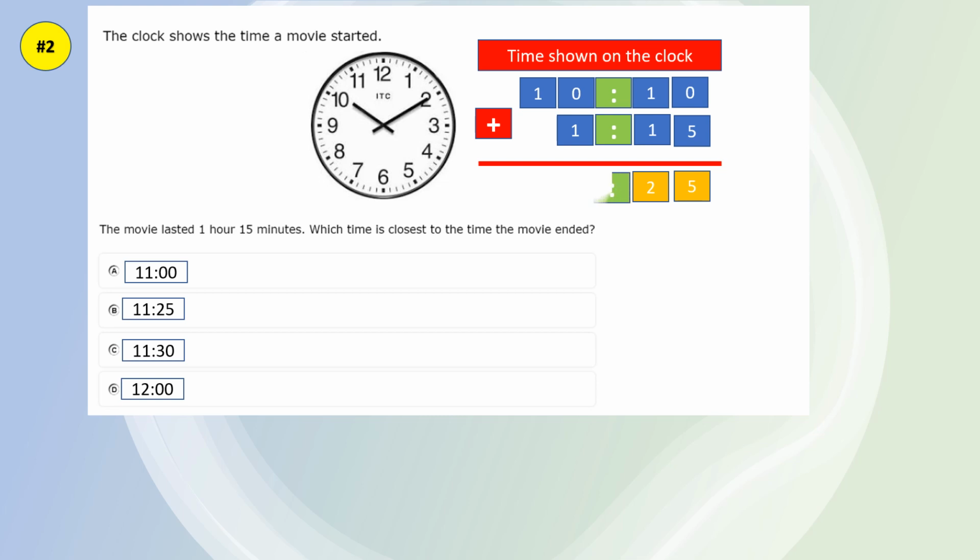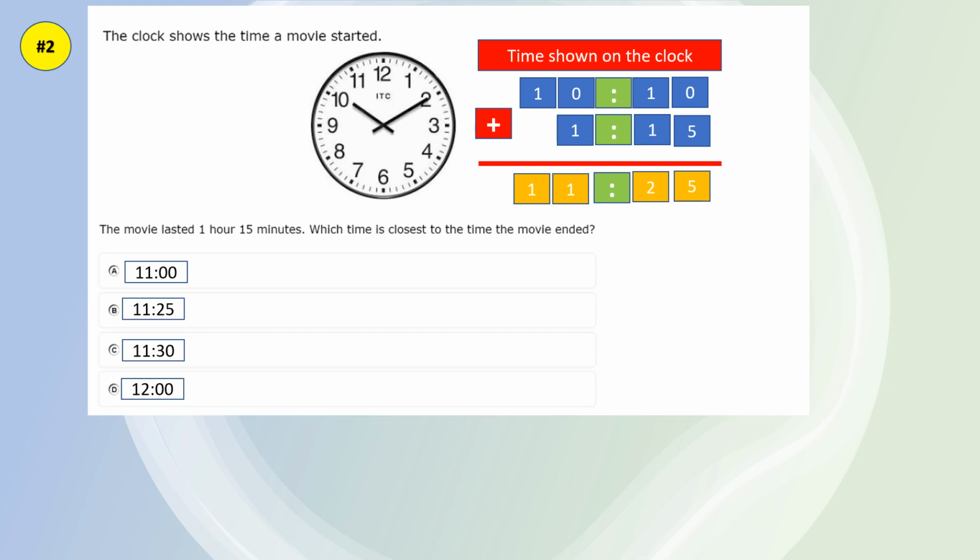So I'm going to write my colon here because I'm keeping everything lined up. And you need to keep everything lined up on your paper. All right, now we're in what would be the hundreds place at this point. And what's 0 plus 1? Good, it's 1. Very good. And 1 plus 0, because there's nothing there, is 1.